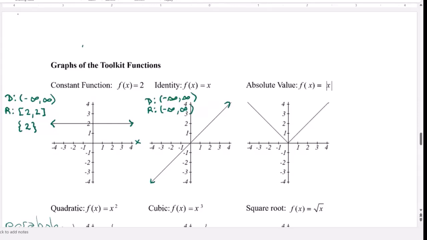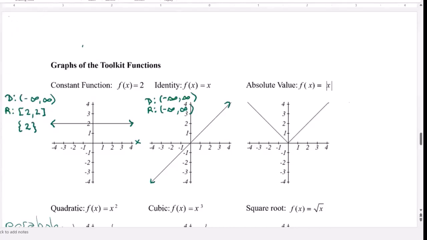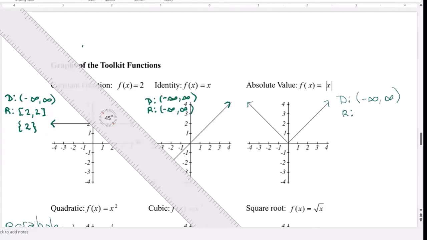Then we look at our absolute value. I'm going to make this a little thinner again. Okay, so we look at our absolute value. Again, my x value goes on indefinitely in both directions. So my domain is going to be from negative infinity to positive infinity. But here, when I look at my range, let's see if this will help.